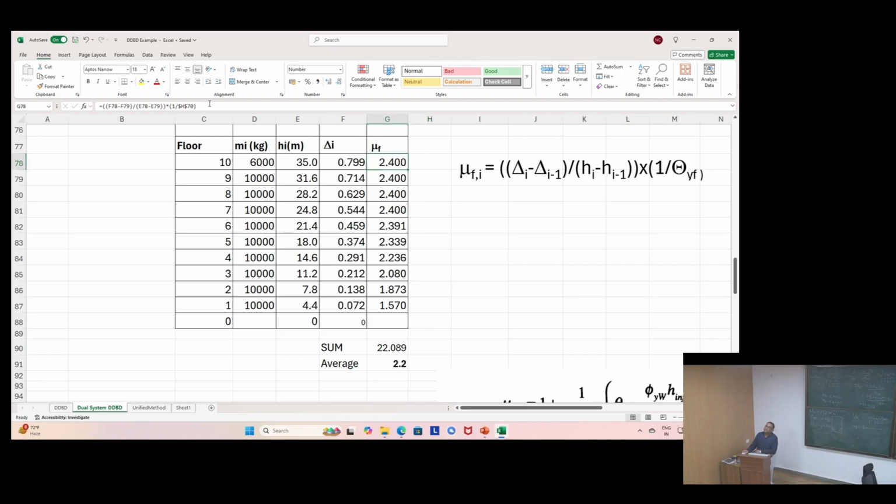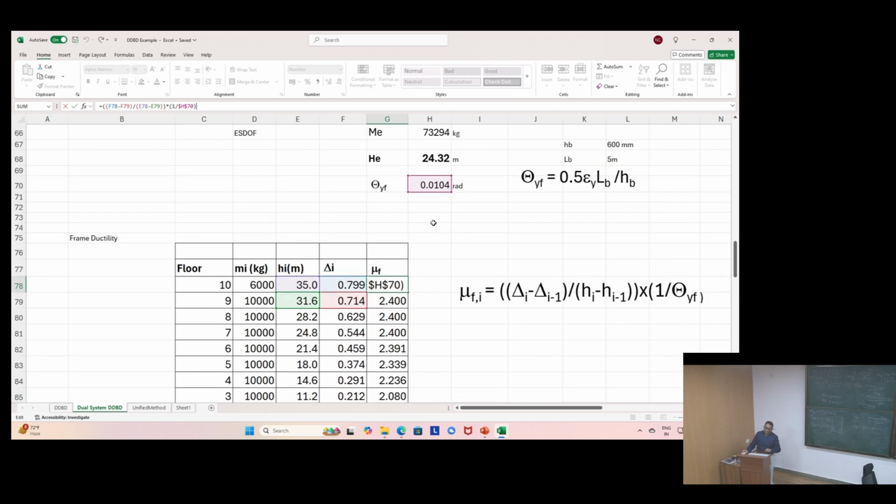So for mu F, just populate the difference in delta I and delta I minus 1, divide by the difference in height, which is HI minus 1, right? And then that thing is multiplied by 1 over theta YF, and theta YF, as you calculated before, is 0.5 times EY, which is 0.0025, LB, which is 5 meters, divided by HB, which is 600 millimeters, or 0.6 meters.